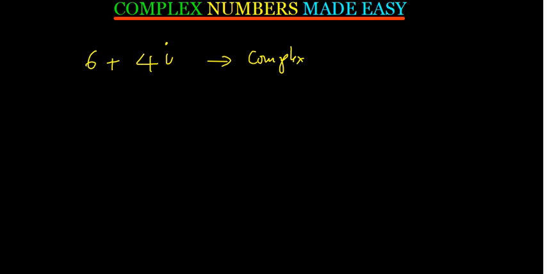We can talk about just 7. This one is a complex number also, but it is also a real number because the imaginary part is not there. So all real numbers are complex numbers, but not all complex numbers are real numbers. That is something that we should be able to know and also get to differentiate.